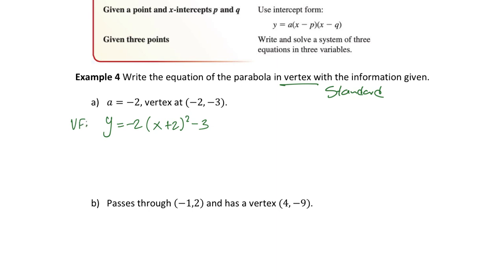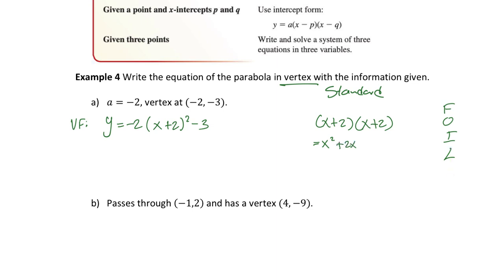For standard form, I'm going to start by expanding this parenthesis. Remember that x plus 2, squared, is the same as x plus 2 times x plus 2. So we're going to FOIL. First, x times x is x squared. Then the outers, x times 2, is plus 2x.